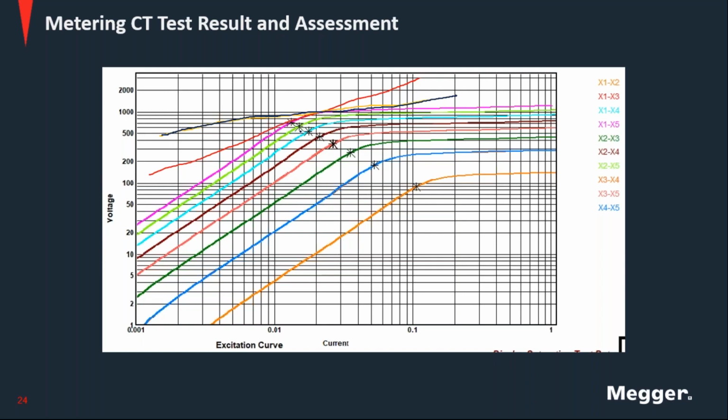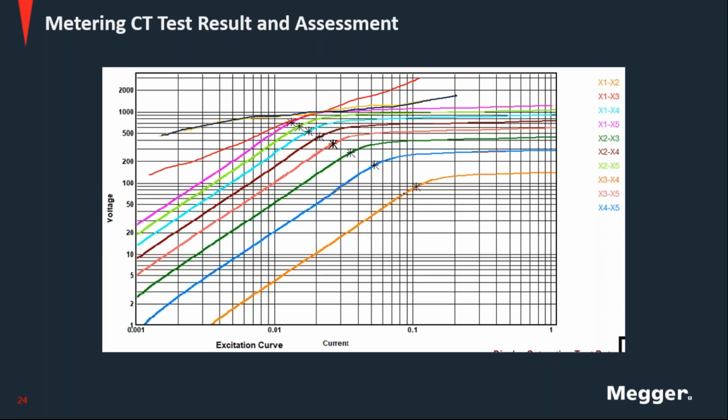Now, to talk a little bit more about the excitation point, the saturation point or the knee point, IEC defines it a little bit differently. IEC defines the point for which a 10% increase in the voltage produces a 50% increase in the excitation current. One way of mathematically defining that point is to continue both linear parts, and where they intersect, you would draw a line perpendicular to the characteristic.